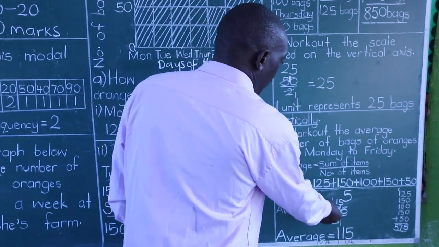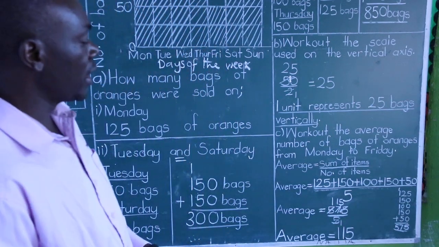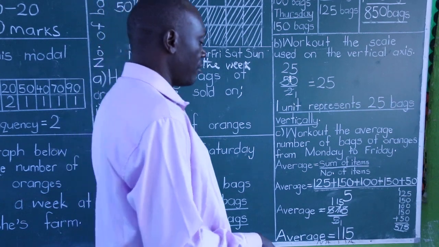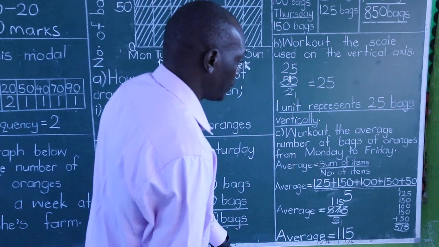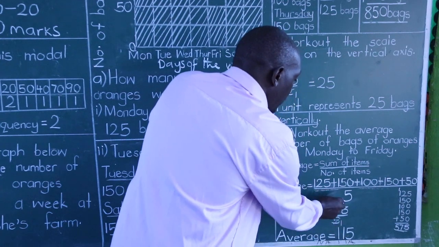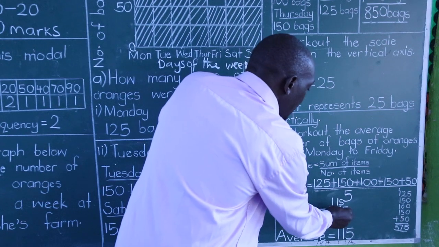So 575 divided by 5, which when divided, we shall get it to be named average. So we divide by 5 once, 5 by 5 once, 7 by 5, it is 1. Remainder 2.